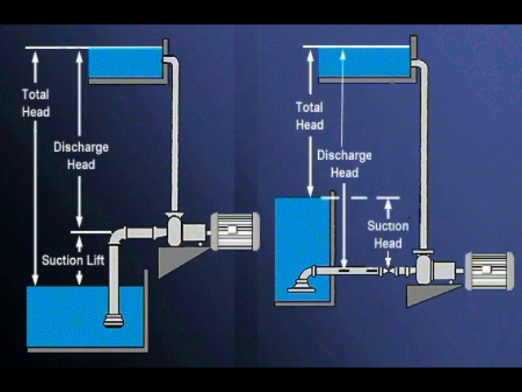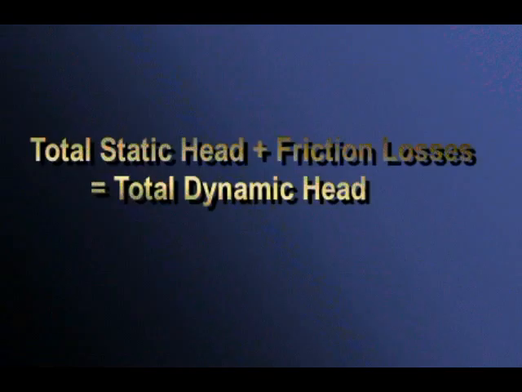Now is a good time to discuss discharge head and total head. These two diagrams show the discharge head and total head in both the suction head and the suction lift situations. In both cases, the discharge head is measured from the center line of the pump to the level of the discharged water. The total head is the difference between the two liquid levels.